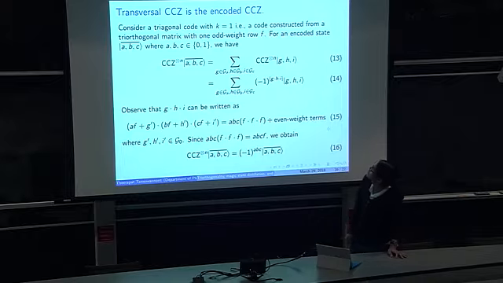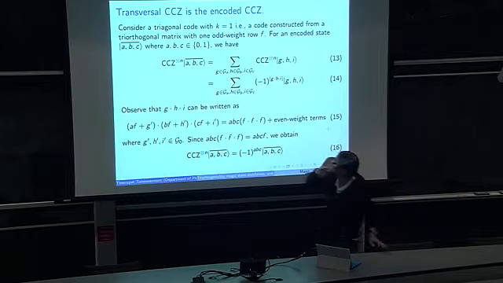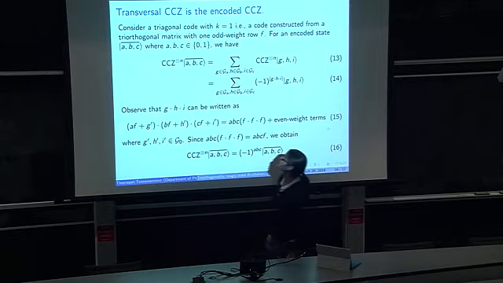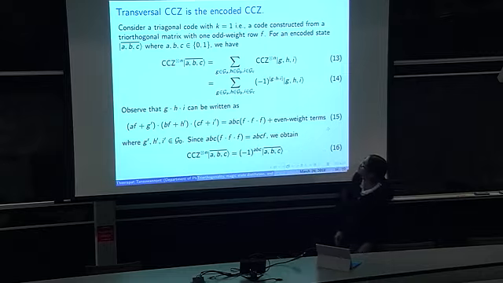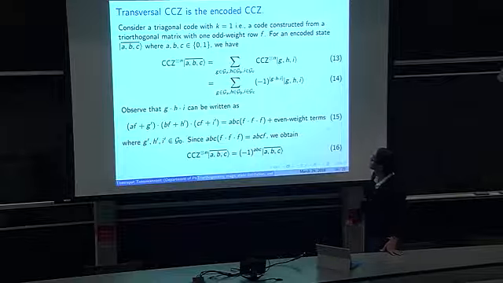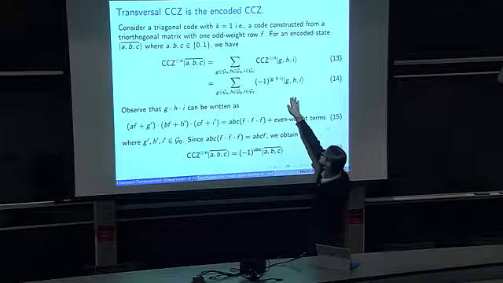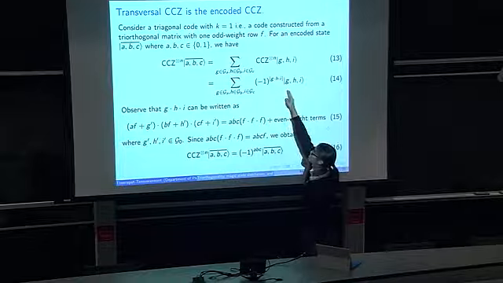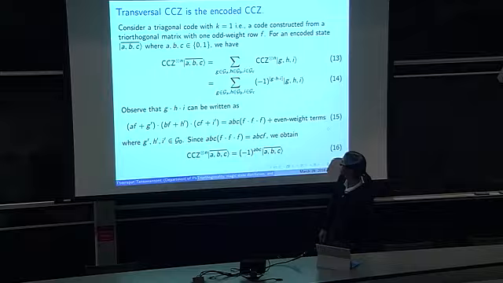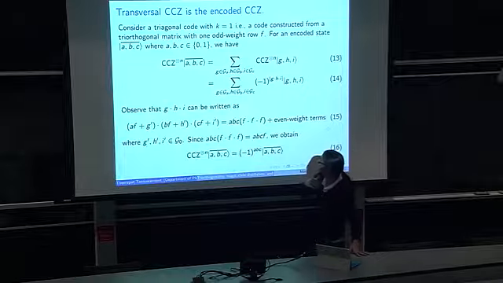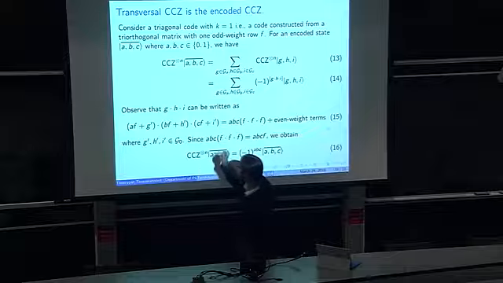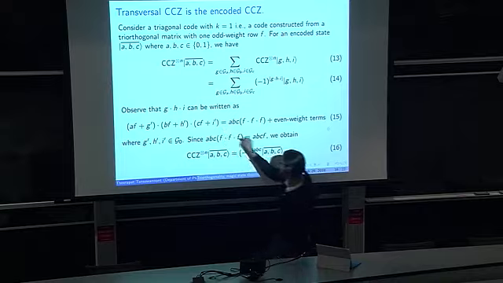So here is the explanation. First we will express the states A, B, C like this, as we described before. And for simplicity, we will assume that the triorthogonal code has only one odd weight row. After multiplying it here, we will get a term like this, which is a Hamming weight of G dot H dot I. And by the definition of the coset here, as described before, we can rewrite this term into these terms.